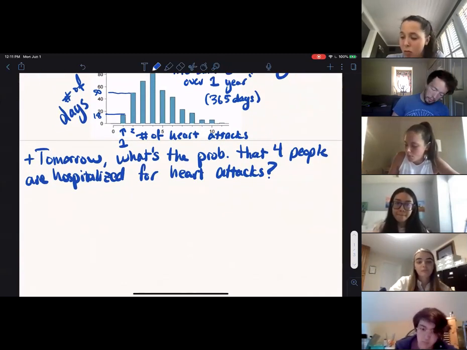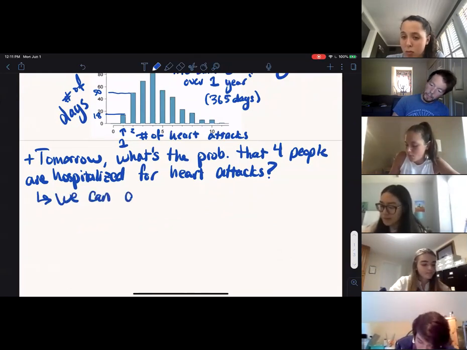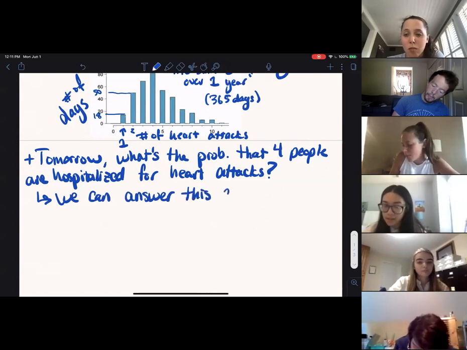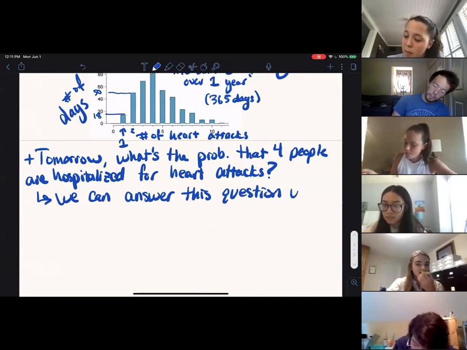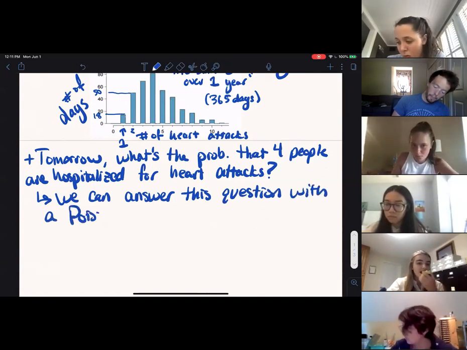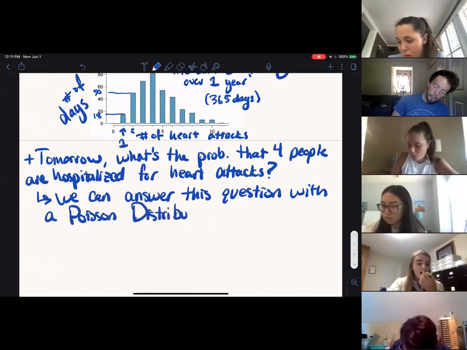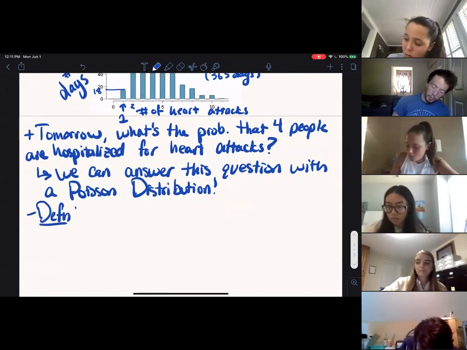And this is something that we can answer with a Poisson distribution. So before I give you the formula, let me first give you a better definition of what a Poisson is.